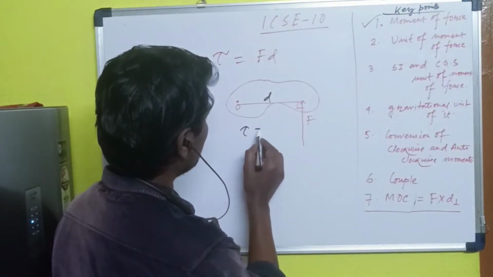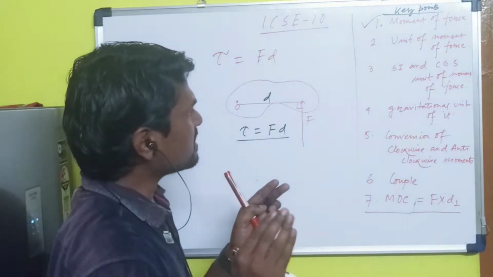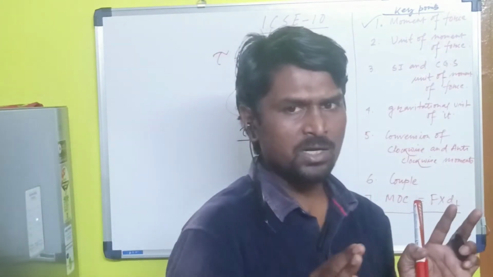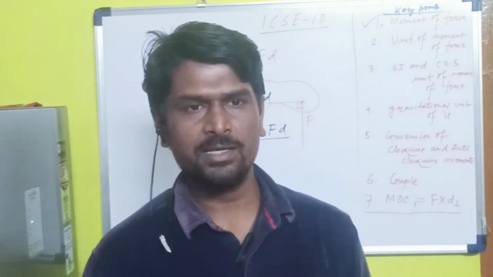So tau equals force into perpendicular distance. This is the formula for calculating the moment of force, the turning effect.